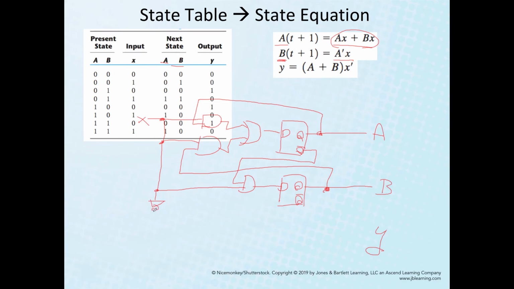We have a NOT gate, X not is there, and then A or B is ANDed together with X not. So here A is here, so we take this out as A, and B is here, so this line is B, so let's take this line and connect it to here. So that's the logic diagram for this state equation.